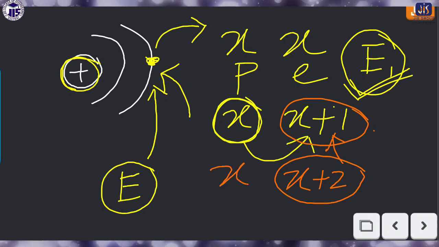So in this state, our nuclear charge, the x number of protons, is unable to attract or contain the x plus 2 number of electrons.